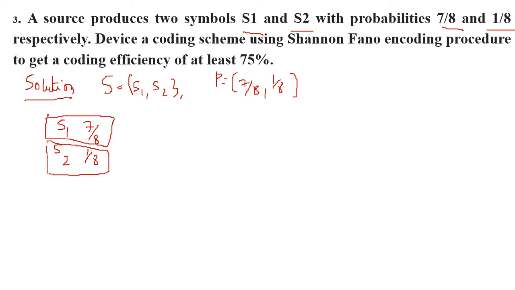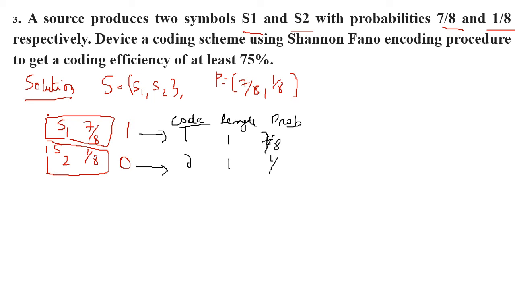We don't have any other subgrouping. Since we have two symbols, the first code will be 1 and the next one will be 0. So the code for the respective symbols will be 1 and 0. Next we'll write the length of this code and the probability. So the length is 1 and 1 and the probabilities are 7 by 8 and 1 by 8.